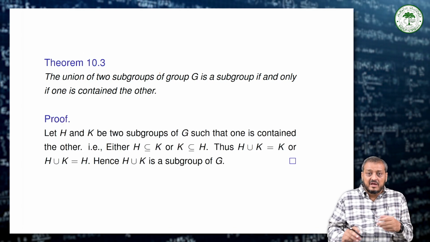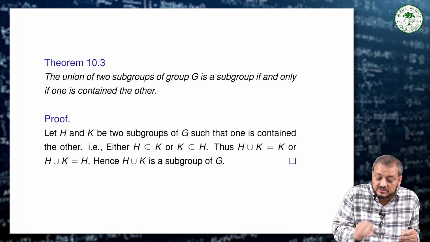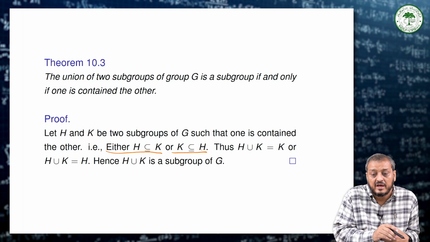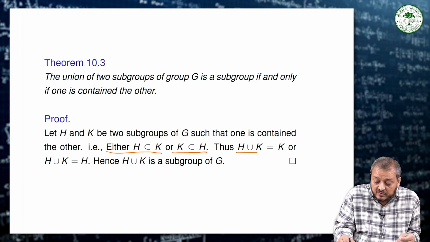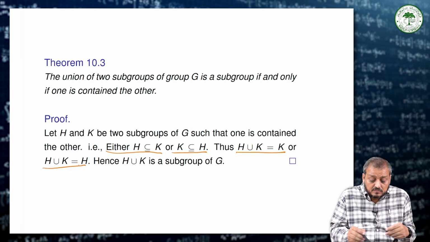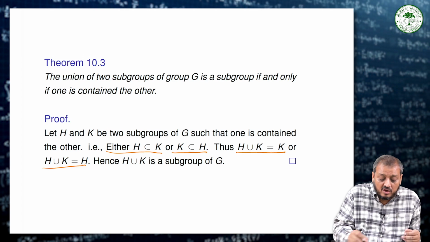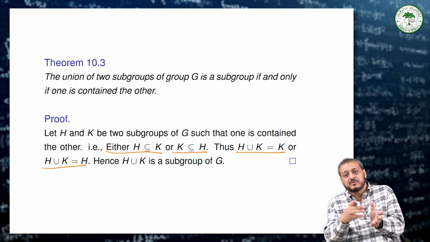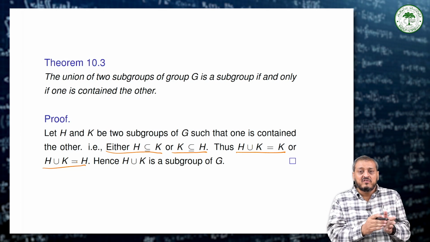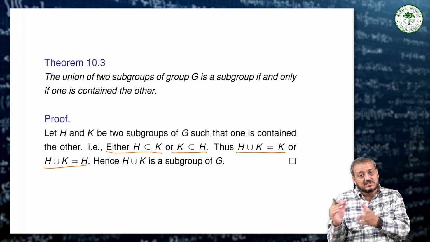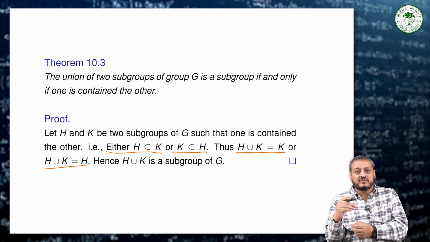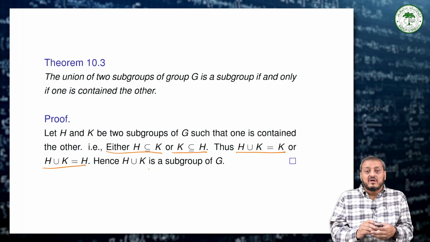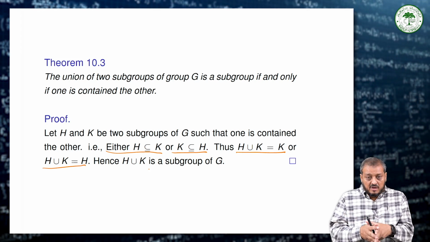So let H and K be two subgroups of G such that one is contained in the other, that is, either H contains K or K contains H. Thus H union K is equal to K, or H union K is equal to H. If H union K is equal to K, and K is a subgroup of G, then H union K is also a subgroup of G. If H union K is equal to H, then H is already a subgroup of G, so the union is again a subgroup of G. So in general, H union K is a subgroup of the given group G. I think this is clear.